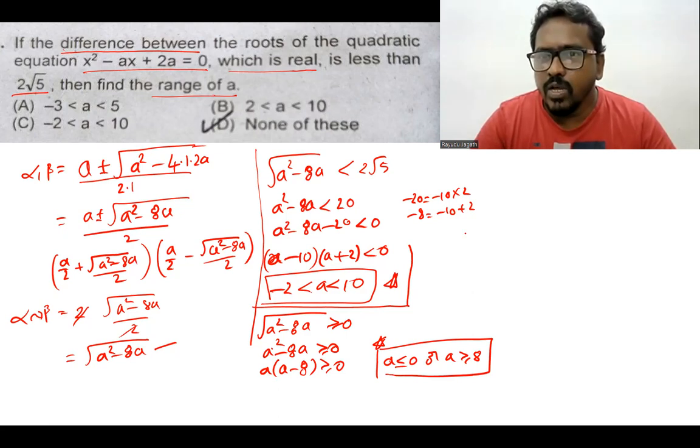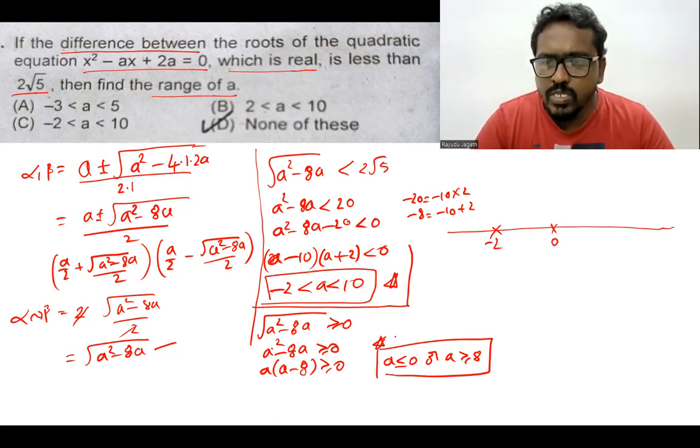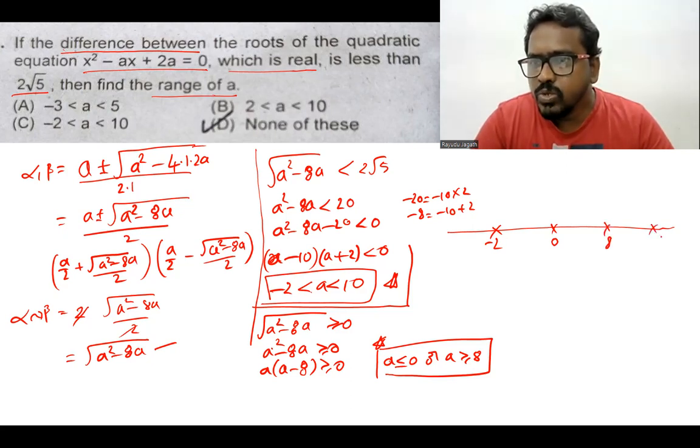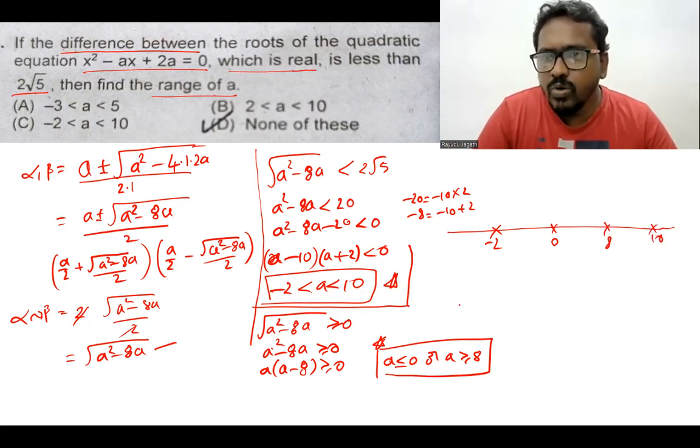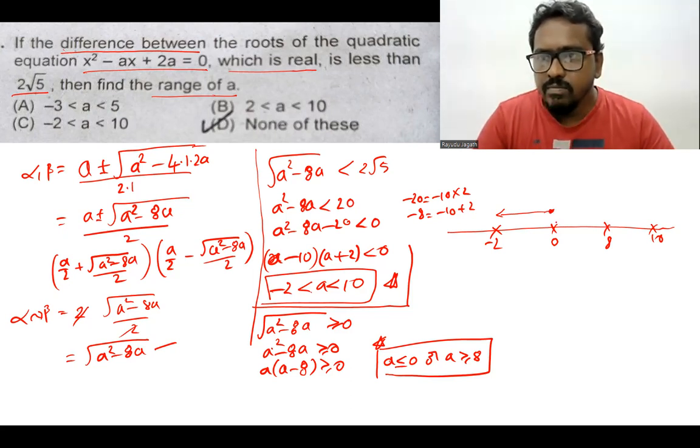On a line diagram, if we draw here, this is minus 2, this is 0, this is 8, this is 10, assume. First region, a must be less than or equal to 0, so we consider this region along with minus 2 less than a less than 10. 0 is included here.